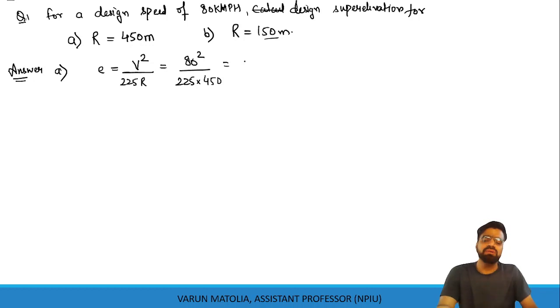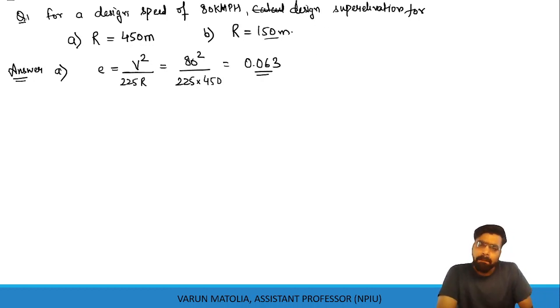So let's calculate. The super elevation is coming out to be 0.063.